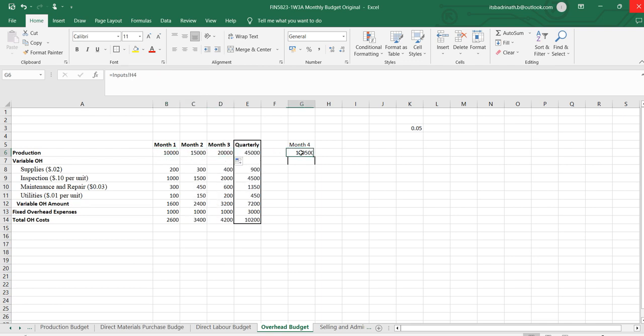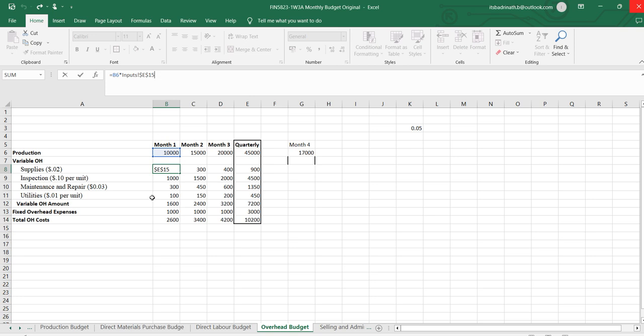Now for each unit of production, it involves $0.02 of supplies. So what we have to do is multiply 10,000 by 0.02.